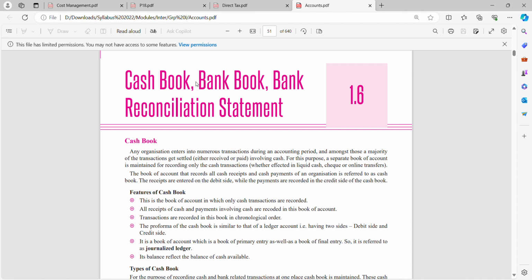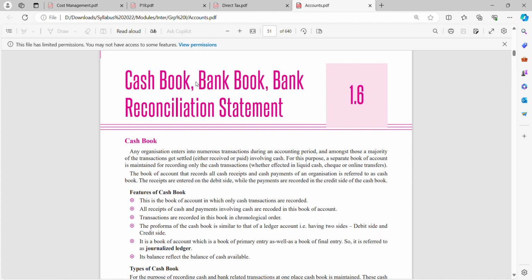If I say that I'll not pay today, I'll pay after 30 days, that is a credit transaction. Those credit transactions have no place in cash book or bank book. But if I'm paying by any online transfers, GPay, or liquid cash, that will be termed as cash transactions.